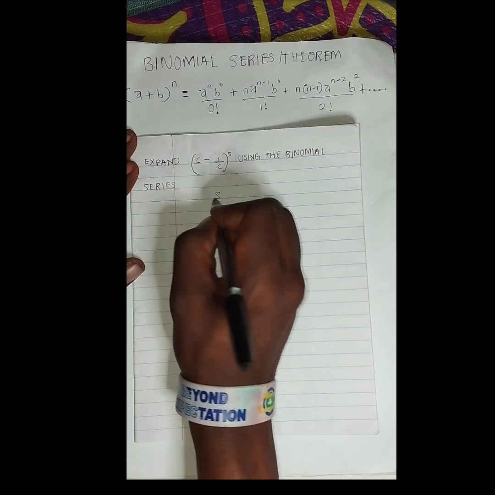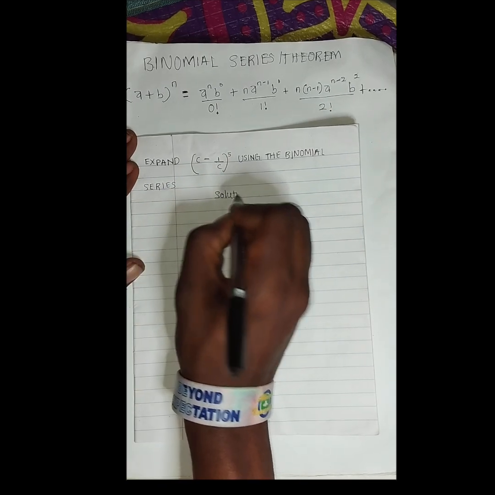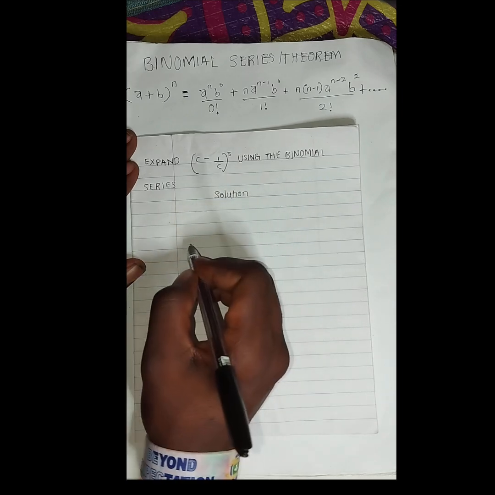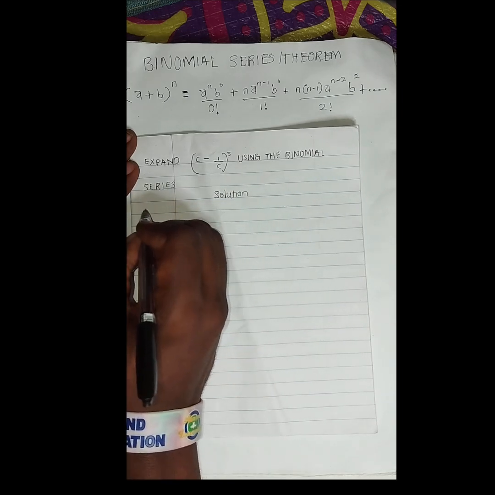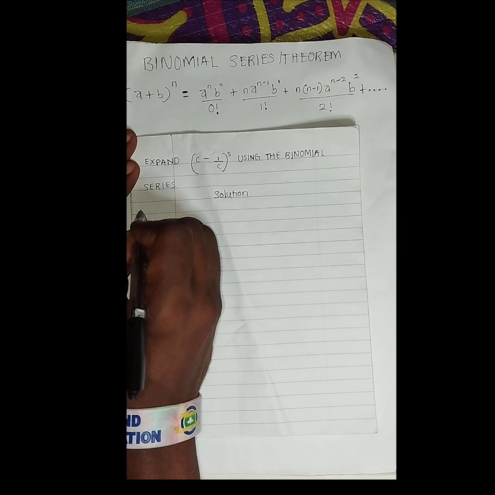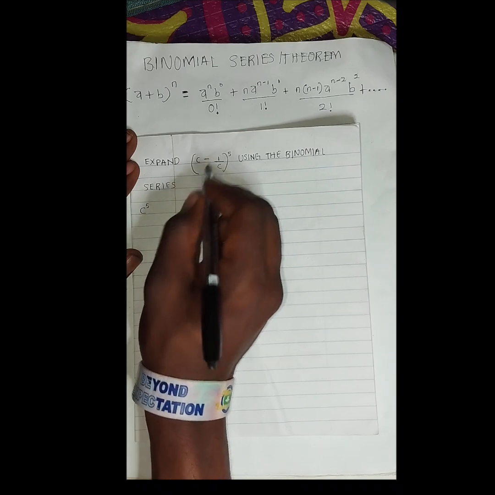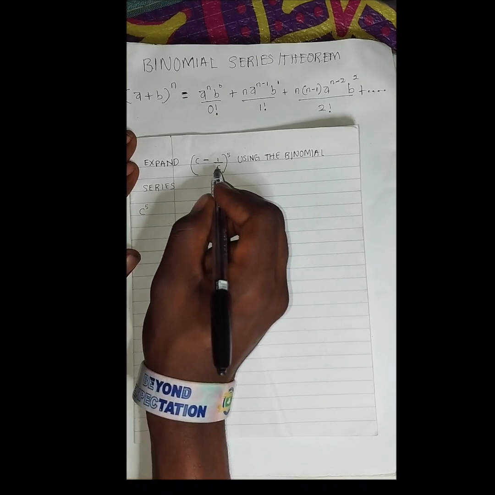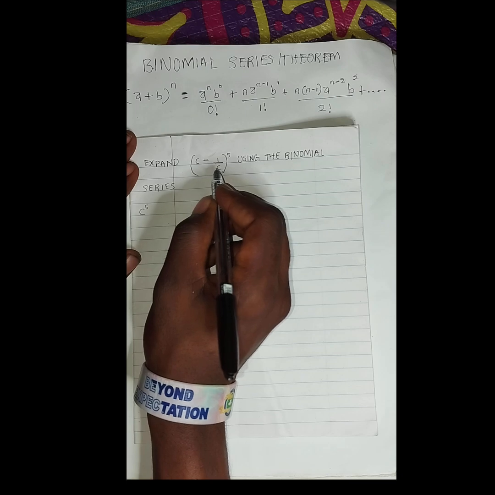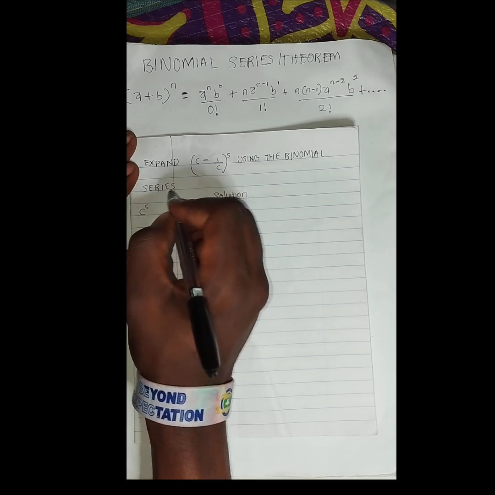Okay, so here we have what? Solution. Let's start with c raised to the power of 5. Now, what's the second term? The second term here is minus 1 over c. Always pick the sign with it.